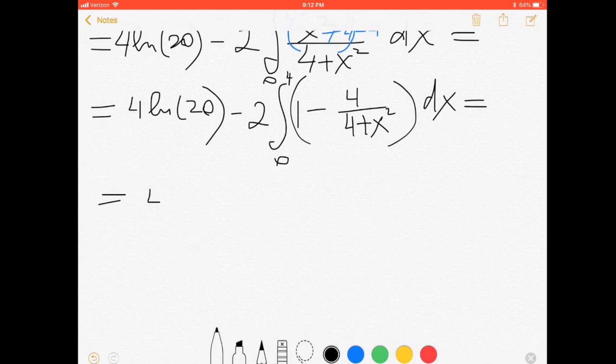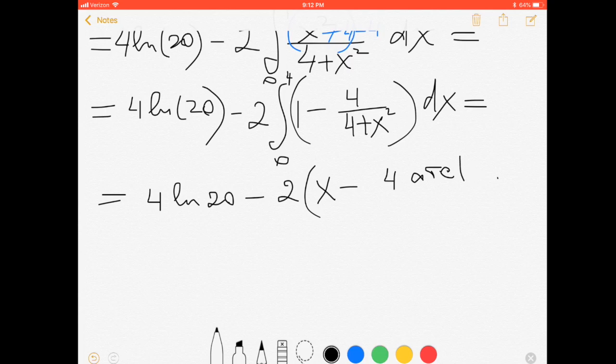What do we have here? 4 natural logarithm of 20 minus twice x minus 4 times arctan of x over 2, and this 2 I need to write in front. And all of this is from 0 to 4.